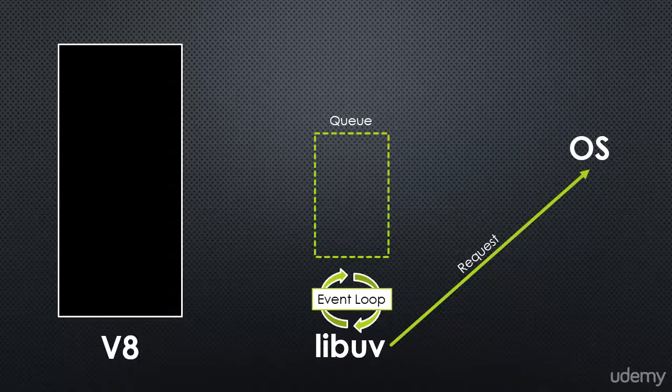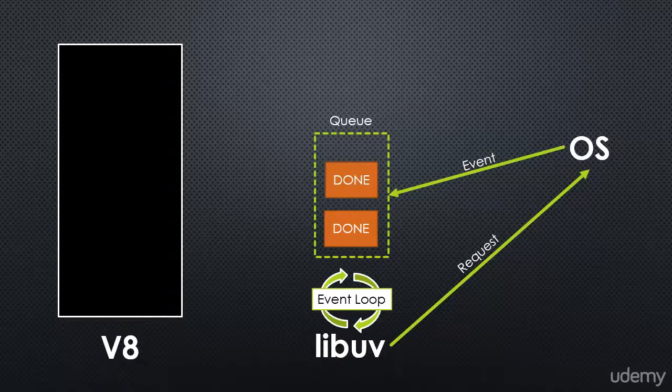Then at some point, the operating system, and this may take a while depending on what you've asked of your computer to do, to download a large amount of data, to open a file, whatever the case is, or perhaps the internet connection is slow. Whatever happens, it's an event. And that event will get placed in the queue from the operating system. And there may be more than one between checks as the loop is looping.